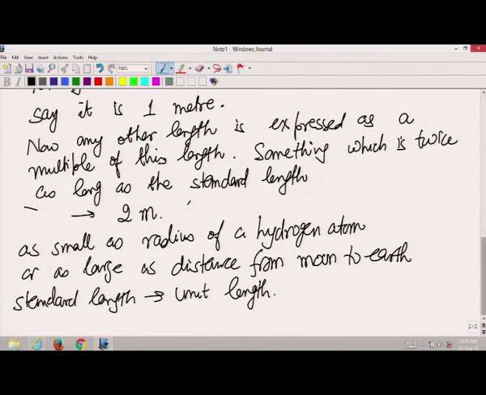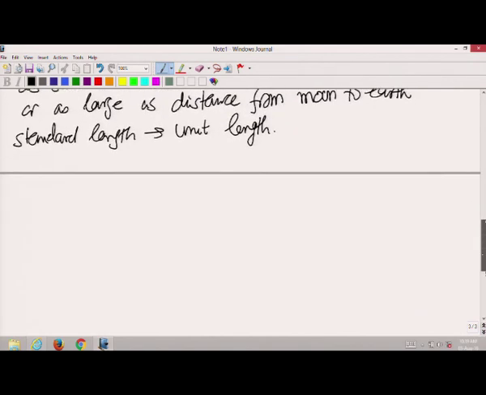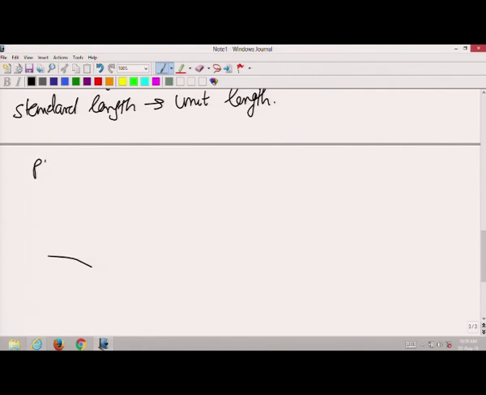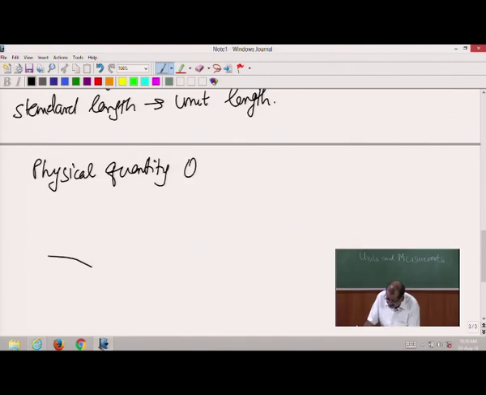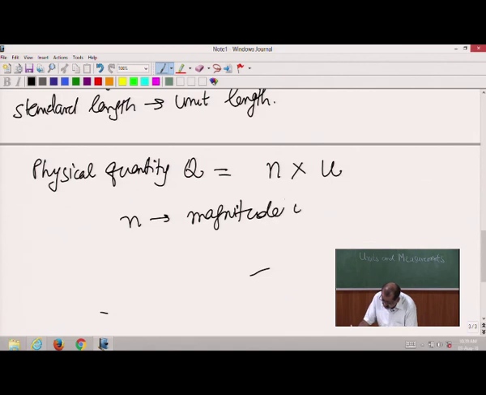Now, let us say we have a particular physical quantity q, and when we are talking of length, that means this is some length which we have defined. So, we talk of a physical quantity q. This we can write as n times u, where n is the magnitude of the quantity and u is the unit.